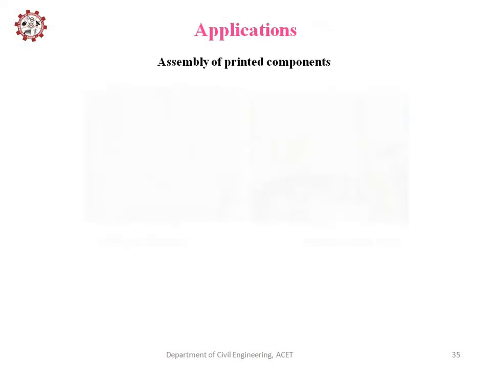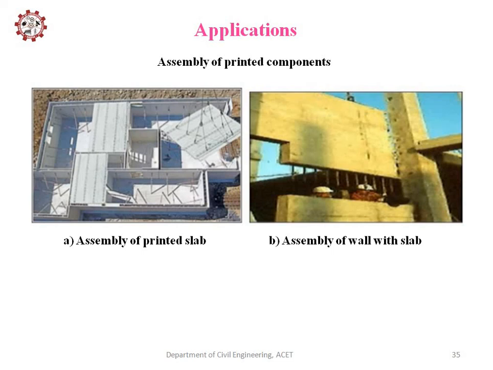So applications, assembly of components, printed components, if you can see. So this is the assembly of printed slab. Okay, by using the computers and all, you can just model it and then execute it. So you can see the assembly of wall with slab is done when you are doing the execution work with respect to the printing slab drawing.